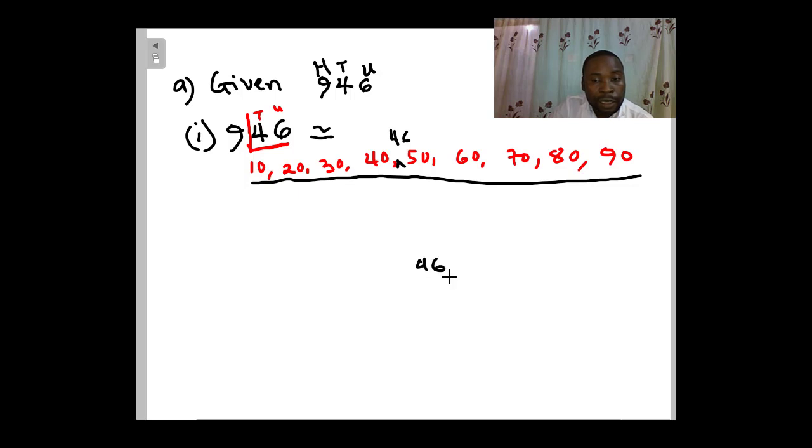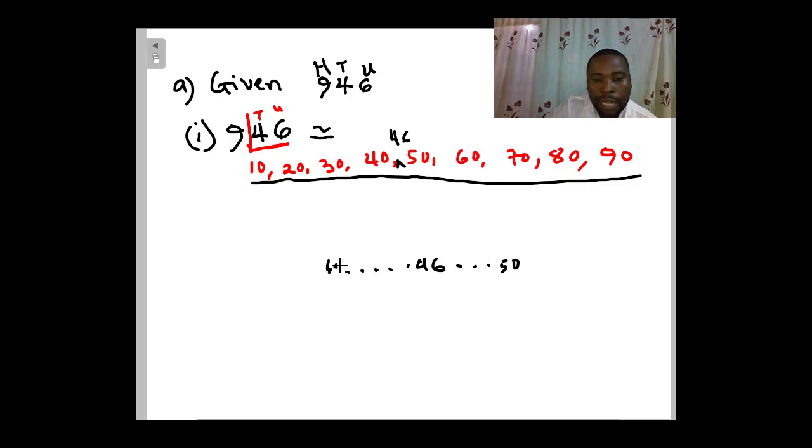And how many steps are there between 46 and 40? If I'm at 46, the next step will be 47, 48, 49, and then the next step will be 50. Now, if I want to go back from 46, this is 45, 44, 43, 42, 41, 40.